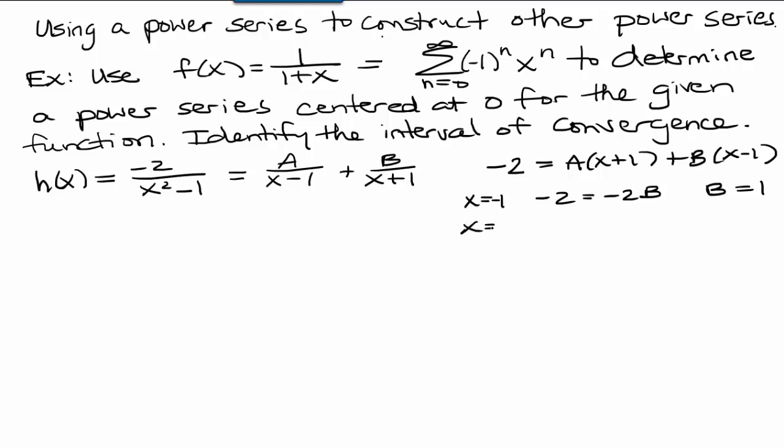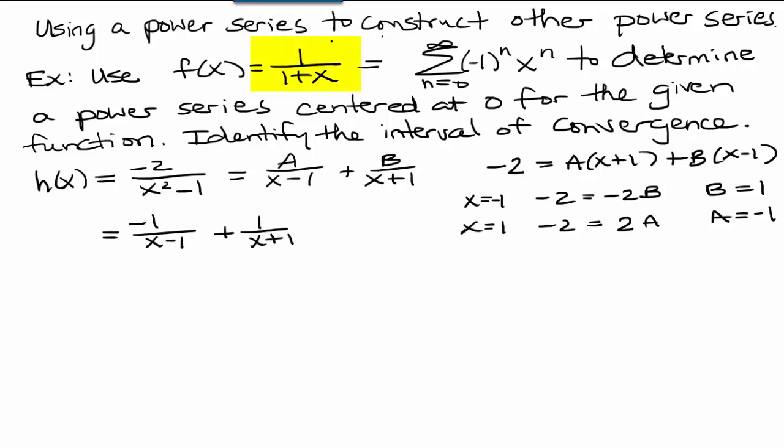And if x is equal to 1, we would get negative 2 equals 2a, which would mean that a is equal to negative 1. So we have that this is actually equal to negative 1 over x minus 1 plus 1 over x plus 1.